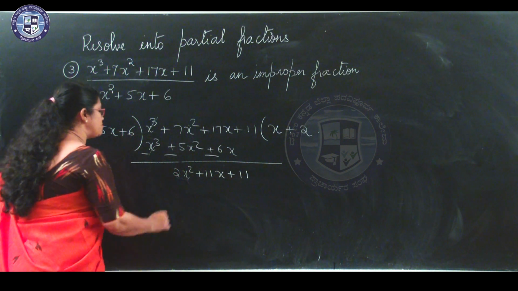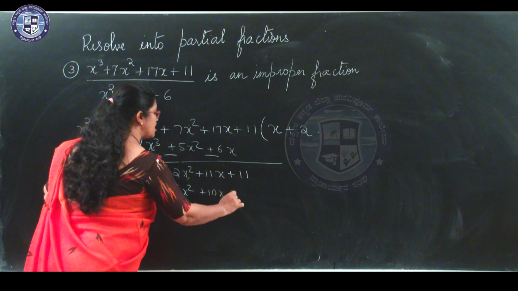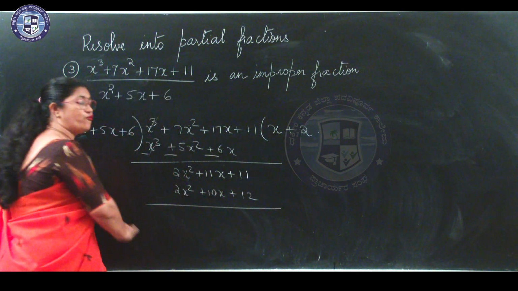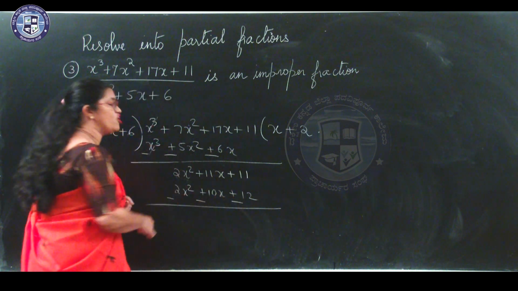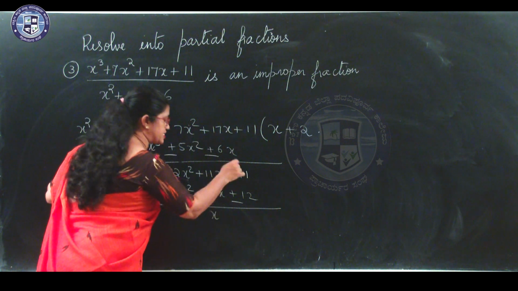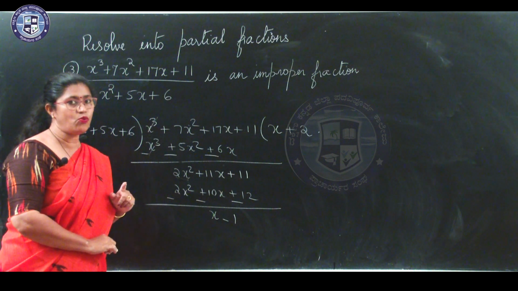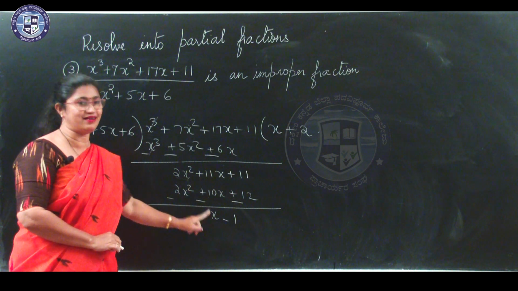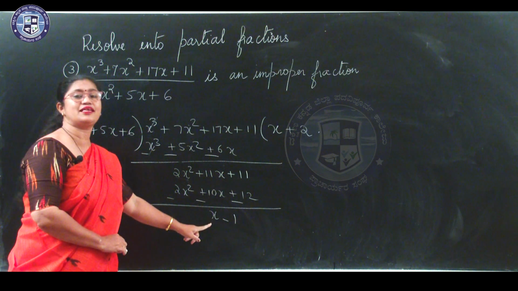If I multiply this by 2, I get 2x² + 10x + 12, and again go for subtraction. Change the signs, minus, minus and minus. First term gets cancelled. 11x minus 10x is x. 11 minus 12 is minus 1. Now we know that x is clearly of lower power than this one, so it is the remainder.